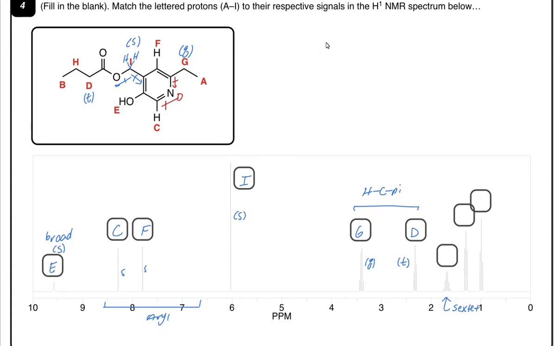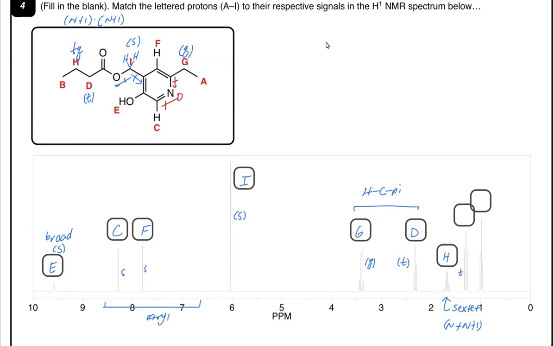Of the remaining protons, it is proton type H. That would actually be complexly split. And in theory, it's split into a triplet of quartets, but you'll notice that it's appearing as a sextet, where the spectrum is just giving you n plus 1, whereas in theory, its splitting pattern would be n plus 1 times n plus 1, triplet of quartets, which is appearing in the spectrum as that sextet.